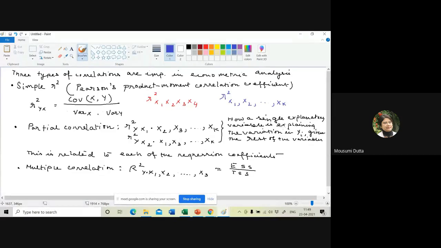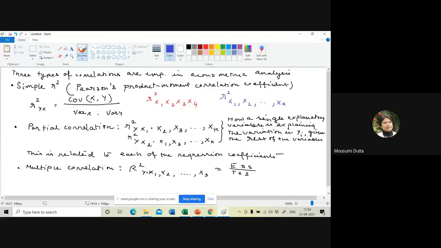Any question regarding the definition of partial correlation? Are you understanding the difference between the simple correlation and the partial correlation? Ma'am, if we take the example of the demand function, we could have a simple correlation between price and the income of the consumer.